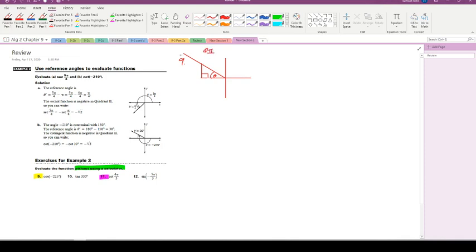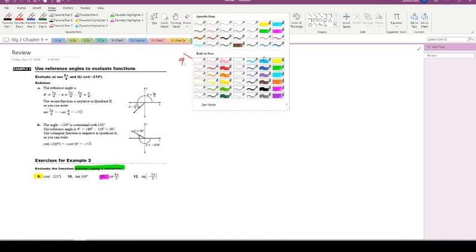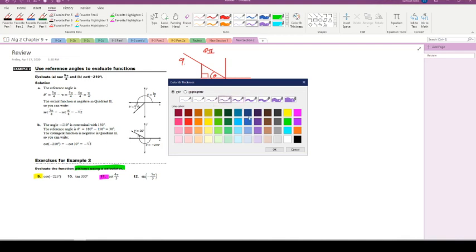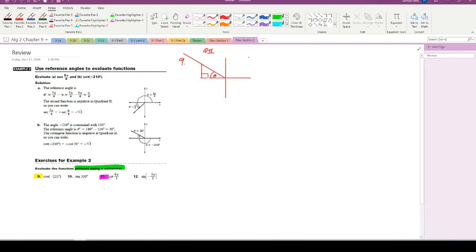The first thing you have to remember, and this is very important, I remember mentioning it to you, is what we said about the cosine.